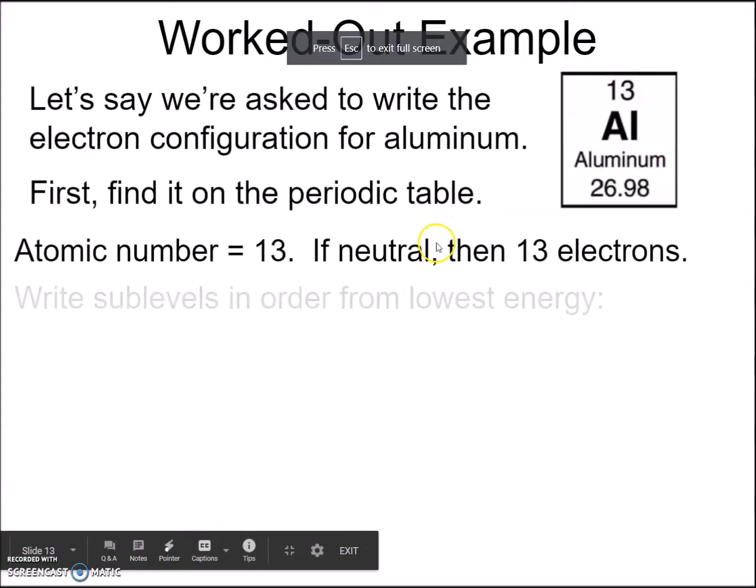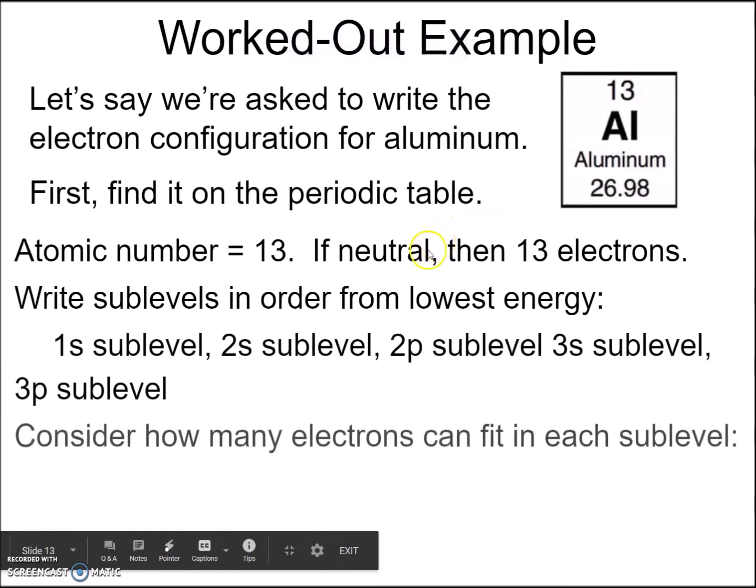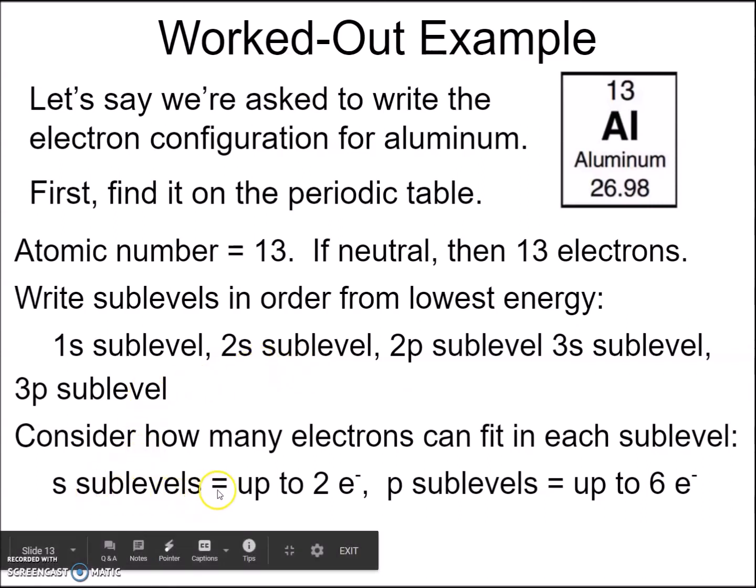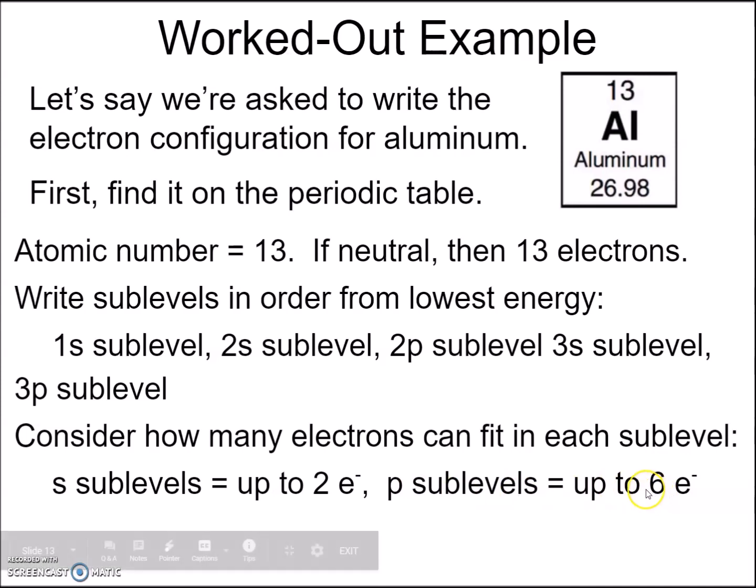But we're not going to need to go that far, actually. Let's consider how many electrons can fit in each of those sublevels. S sublevels, because they only hold one orbital in them, can only have up to 2 electrons. P sublevels have 3 orbitals in them, which means they can hold up to 3 times 2, that's 6 electrons.